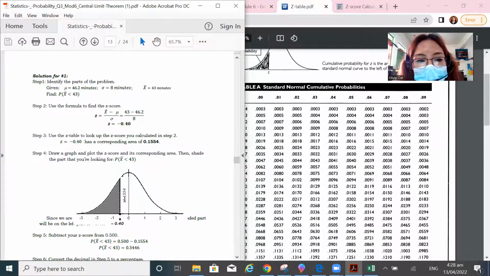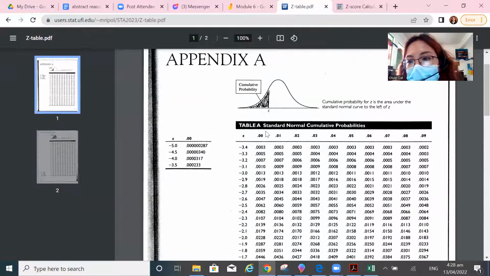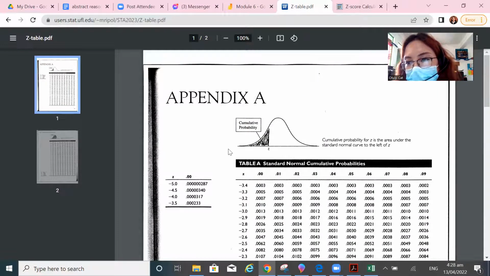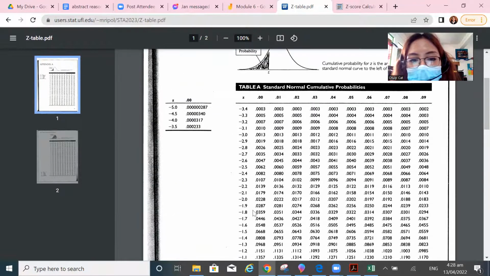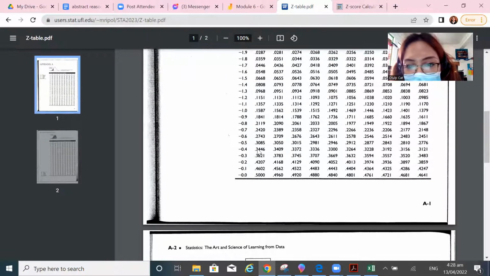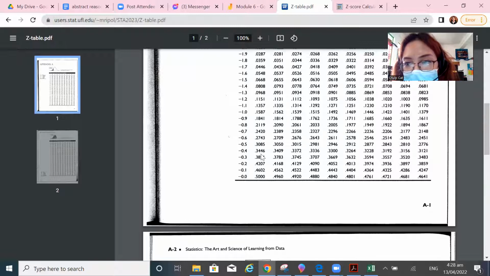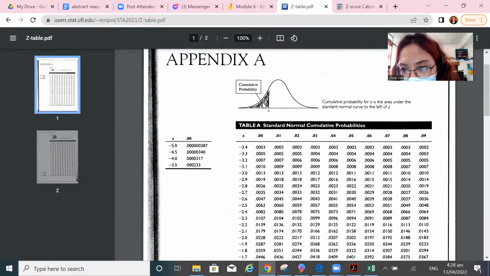But actually, that 0.1554 pertains to the area on the other side of the normal distribution curve. Usually z-tables show which area the numbers refer to. So in this case, for negative 0.4, the area in this table is 0.3446. So that side of the graph is what it reports.